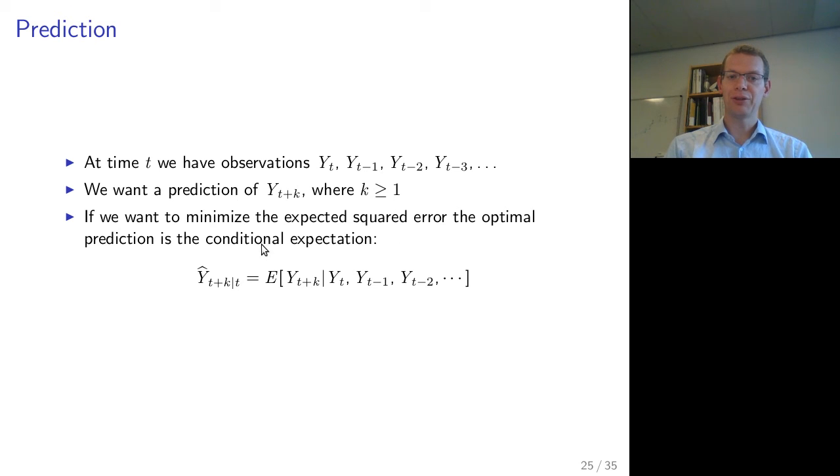So we want to use the conditional expectation, as it is the optimal prediction in that case. Typically we'll use k greater than or equal to 1. In most practical purposes k will be exactly equal to 1, which is the easy case, but as for the assignment, you will sometimes be looking at a much larger horizon than just one step ahead.